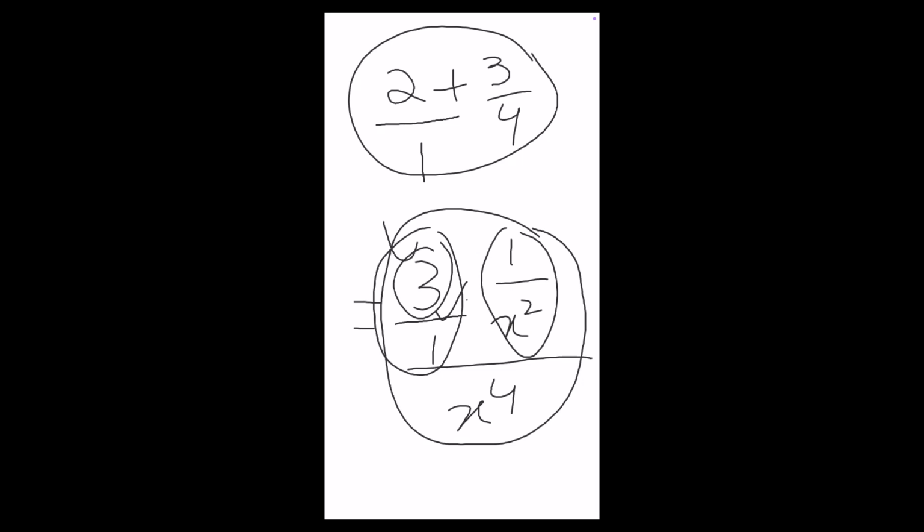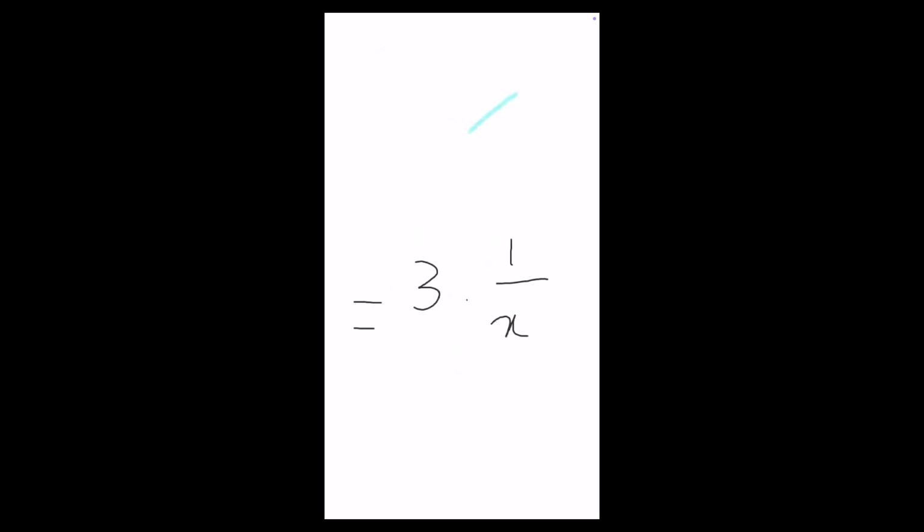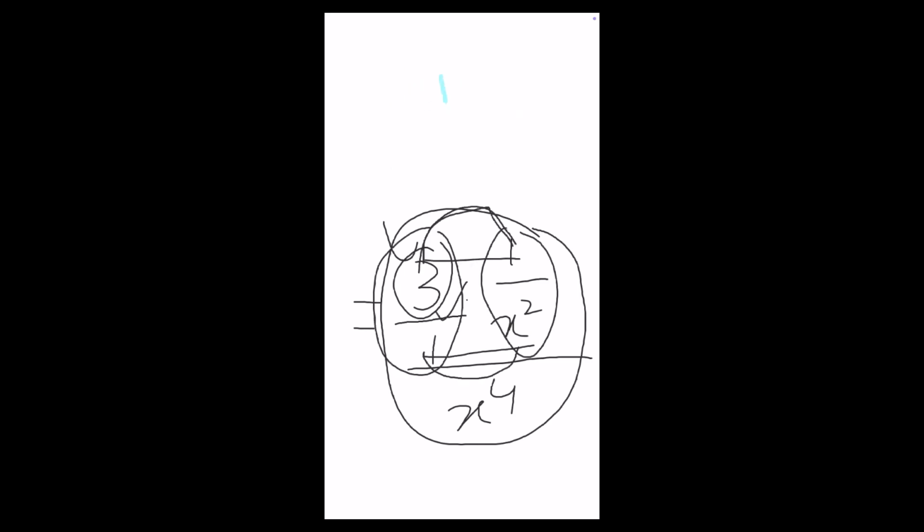Now see, this 3 will be multiplied with 1 and this x square will be multiplied with this one. See the direction, the straight directions are going. 3 will be multiplied with 1 and 1 will be multiplied with x squared. What will it become?